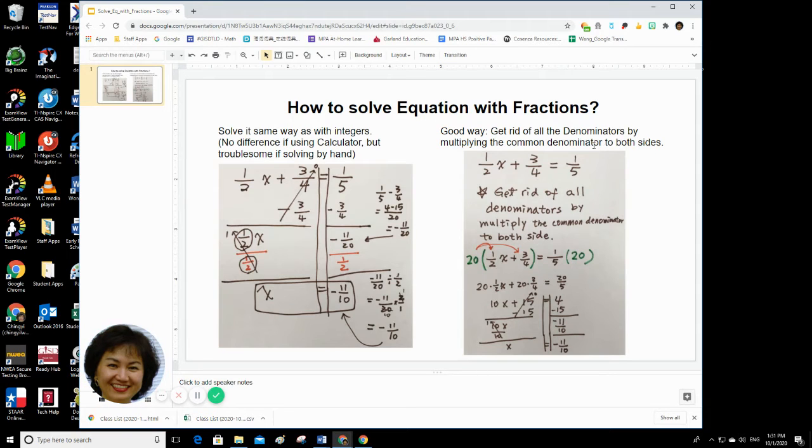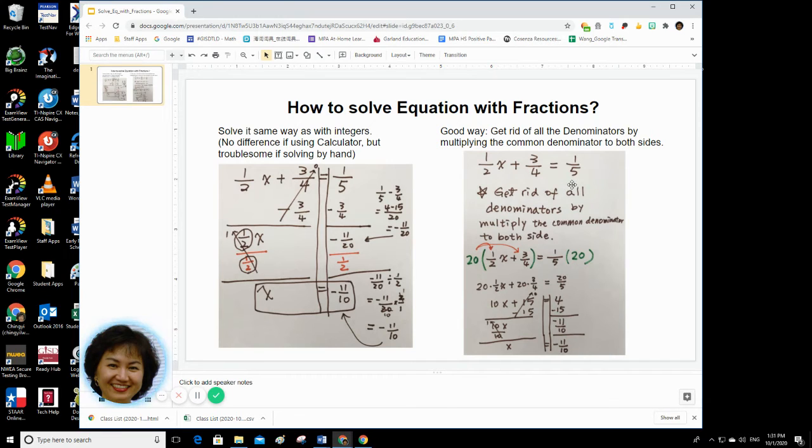Of course, we are looking for the least common denominator, which is the least common multiple of all these denominators. For example, you have denominators 2, 4, and 5 here.